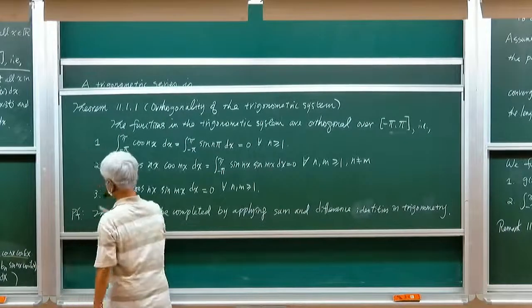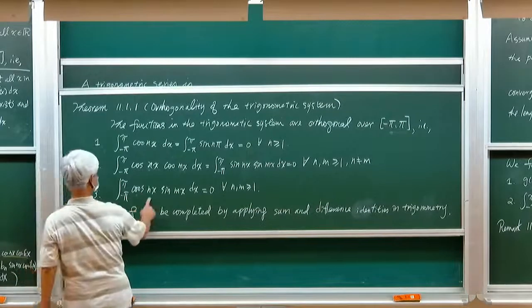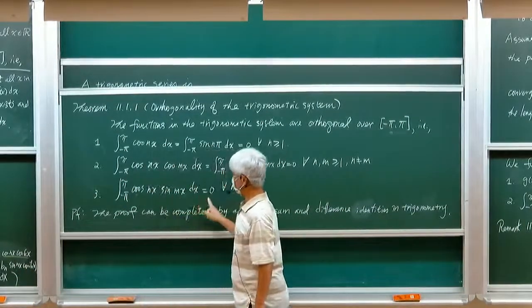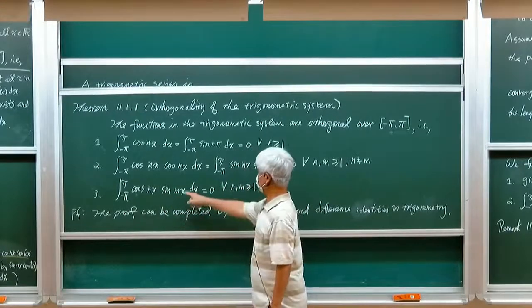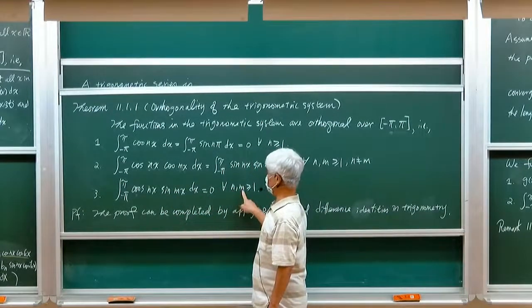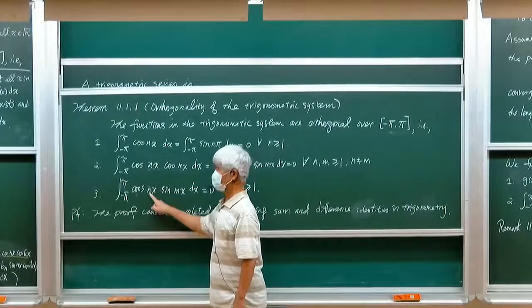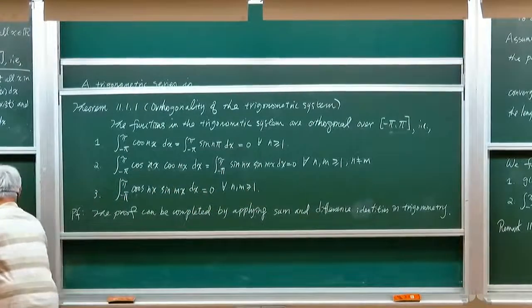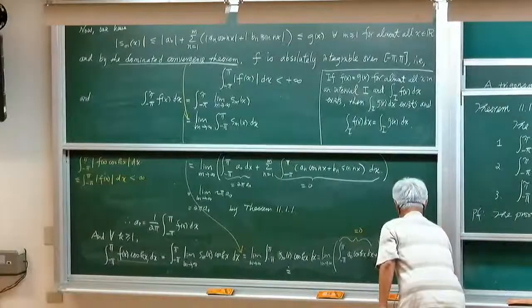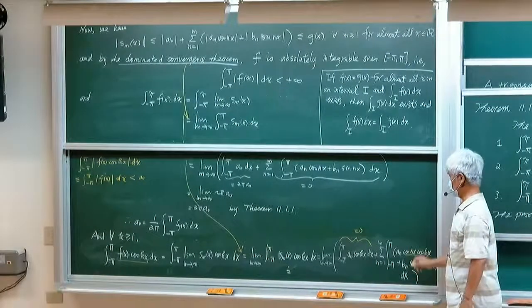And also by the third one, sin nx and cosine kx, this is 0 for all n and k. Not necessarily different, they can be the same. You can have the same n and same k. So you can see that this term contributes 0.